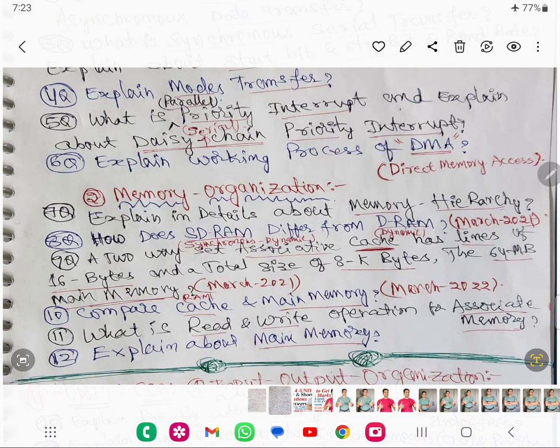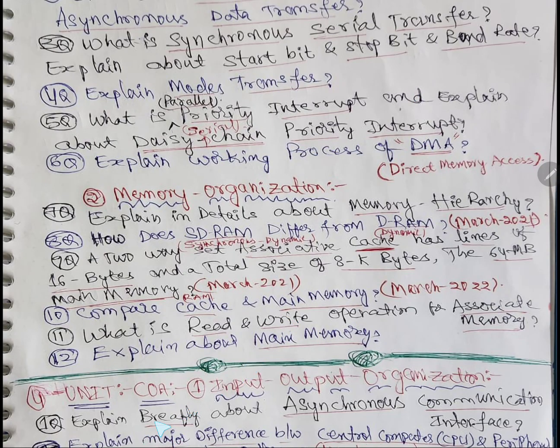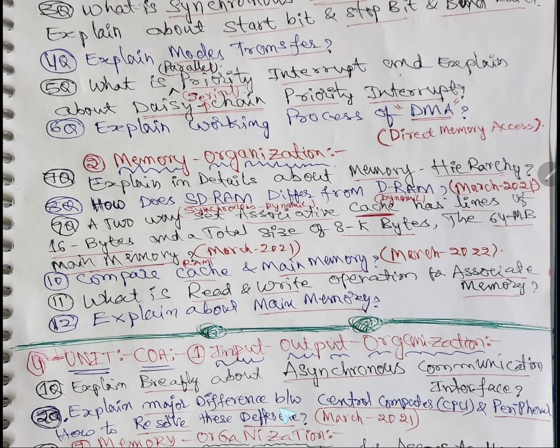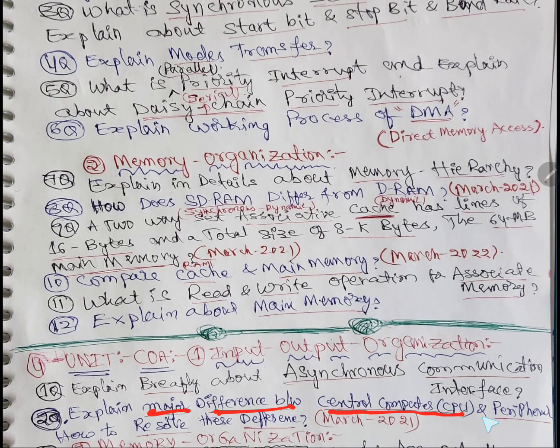Explain briefly about asynchronous communication, the same question twisted. The second question, see here: explain major differences between central computer and peripheral.